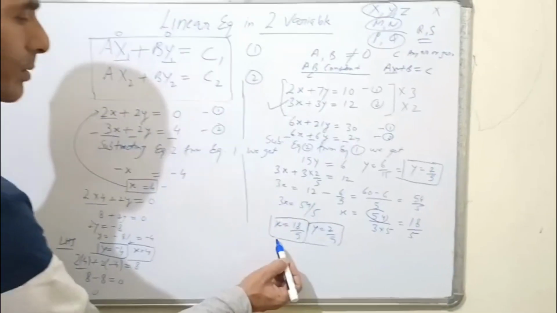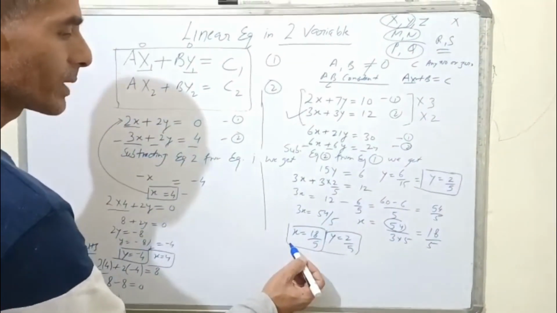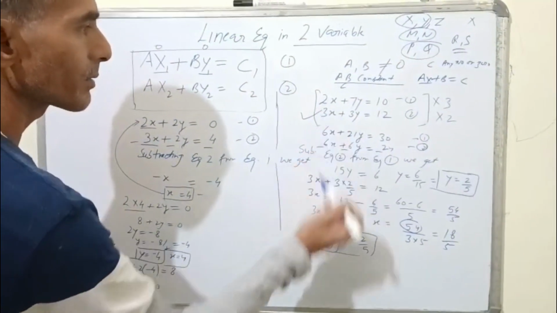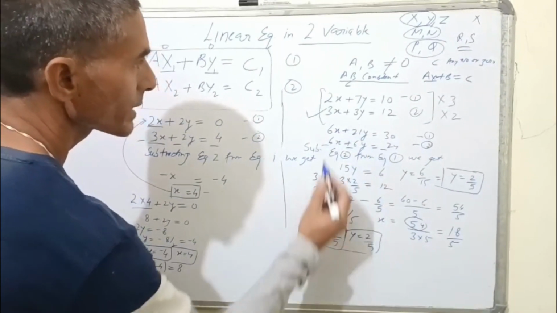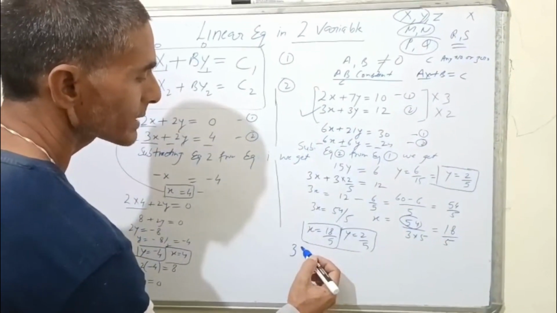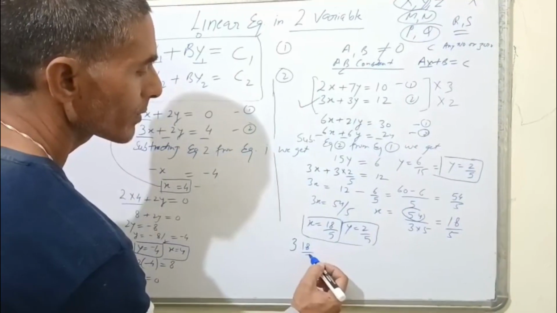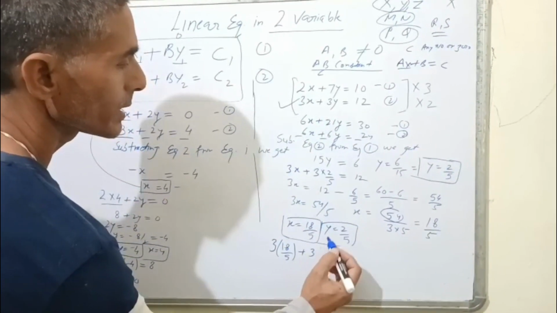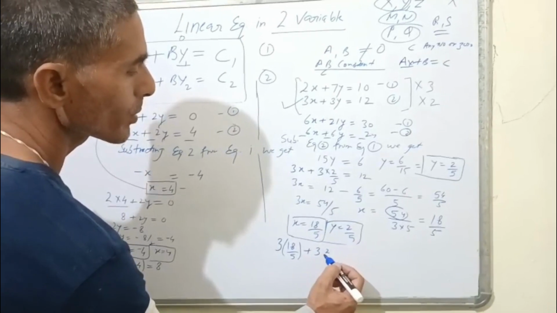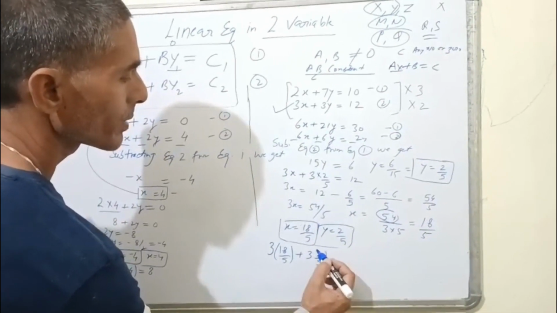Okay, now putting these values of x and y in equation number 2, so we'll get what? 3 times x, and the value of x is 18 upon 5, plus 3 into y, and y is 2 upon 5.